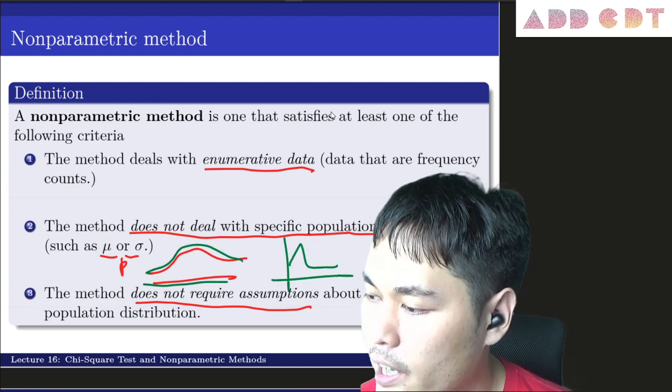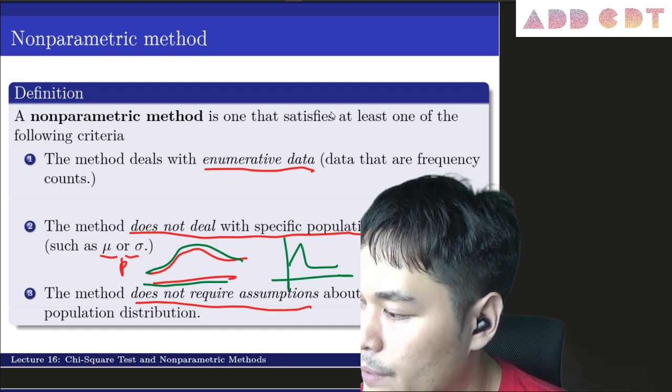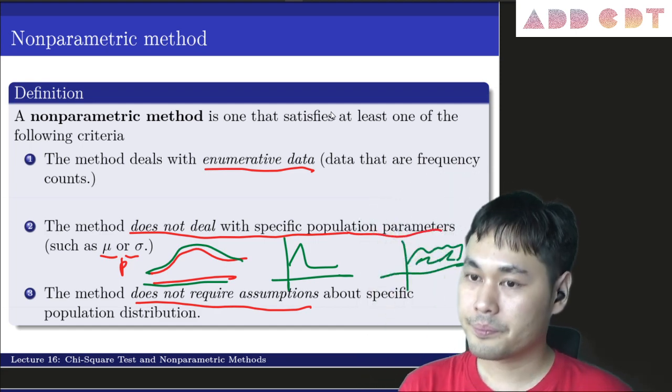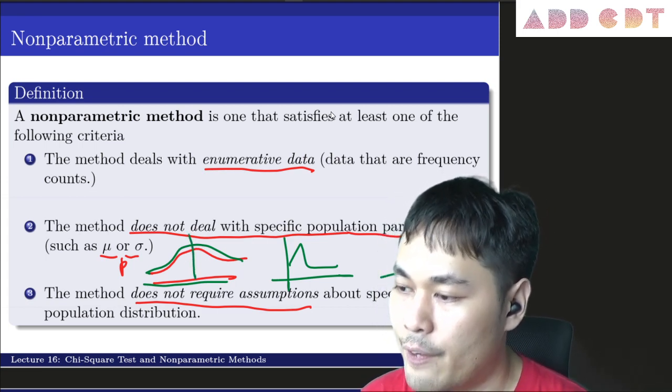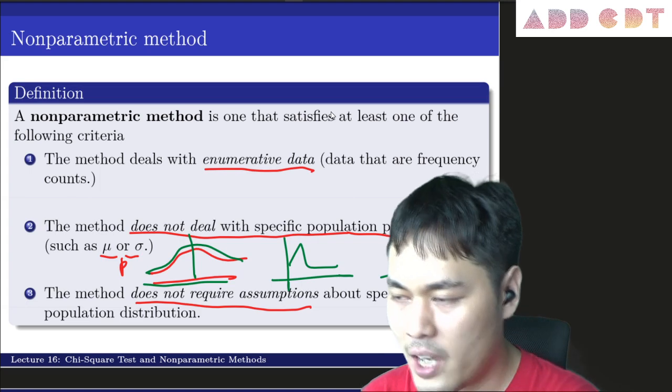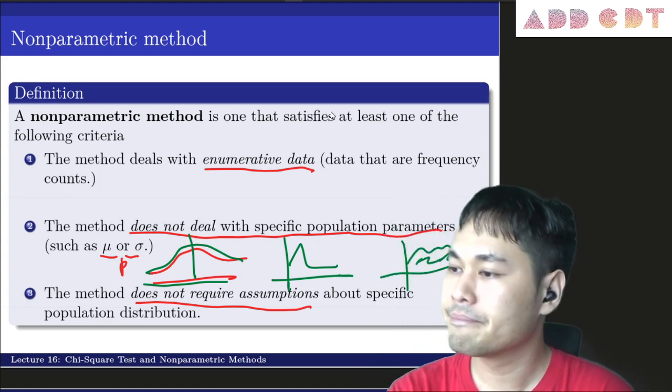If they have a different kind of distribution, then everything breaks. So it has to be the bell shape to do what we have done two weeks ago. If not, then we have to stick with this new thing.